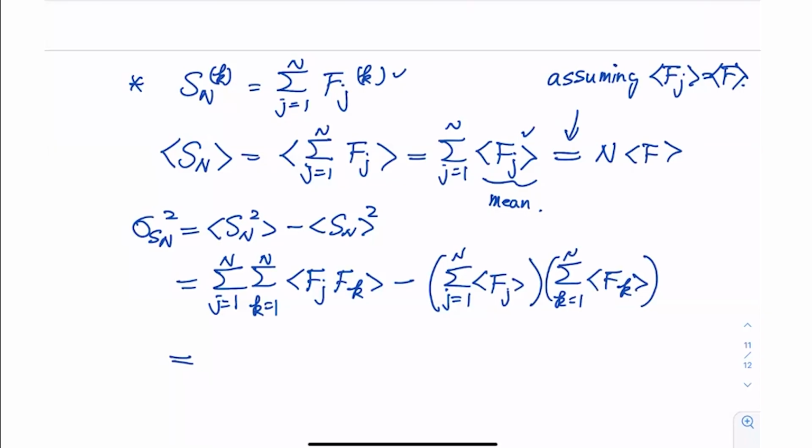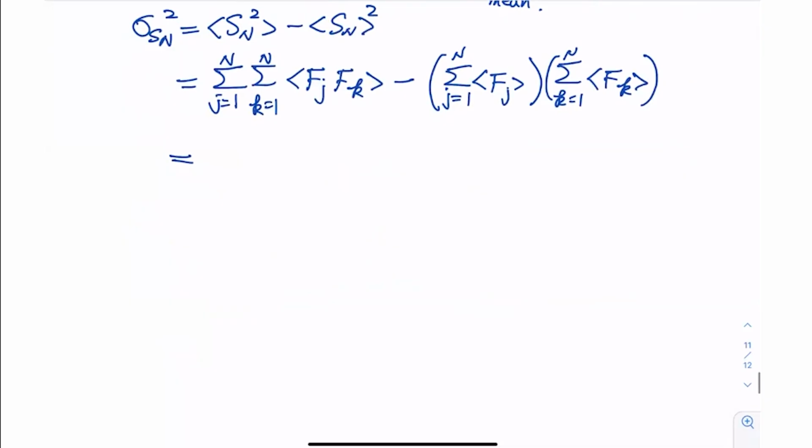Now I'm going to divide the sum into two parts, because at this point the sum is over all possible pairs of j and k. So I just divide it this way.